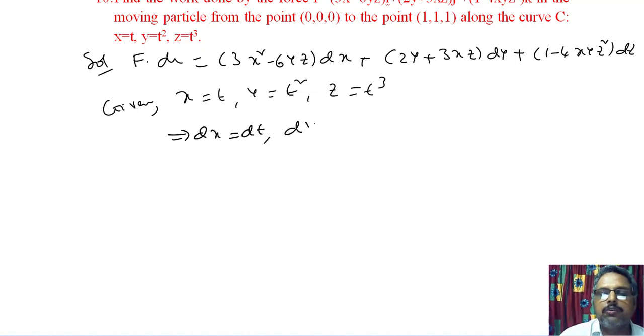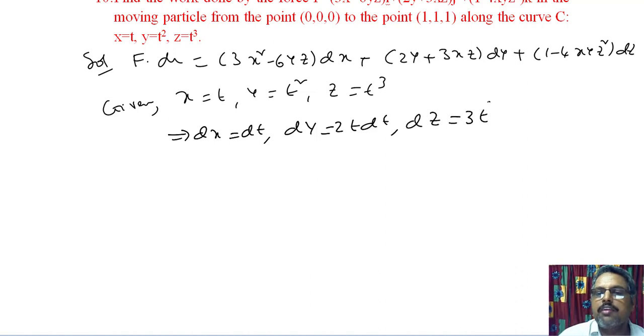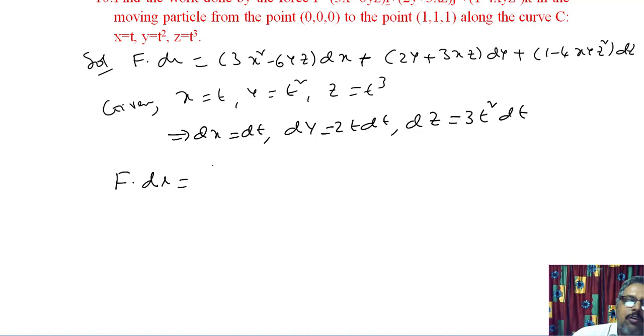This is homework for you. Very simple, just solve it. Next question, quite interesting. Just observe it. Just try it. I will explain in the next class.